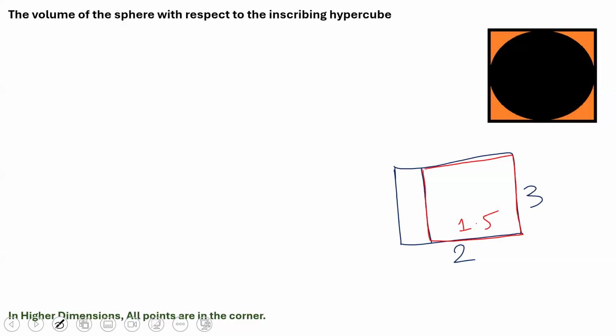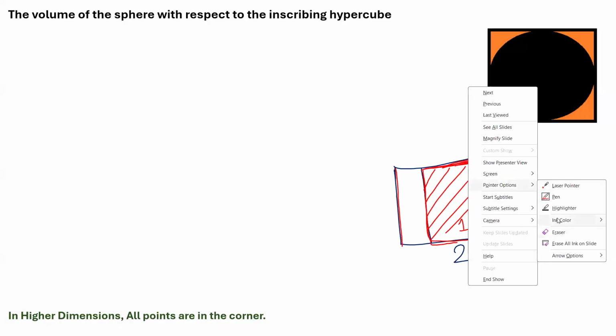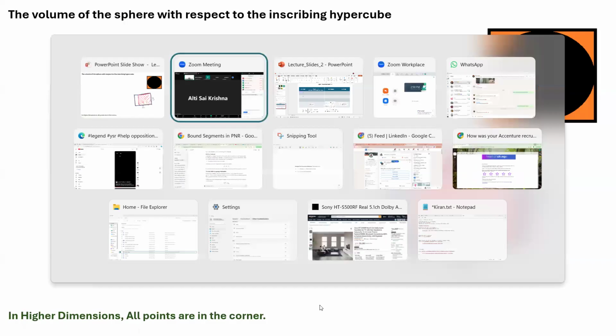Now you have to calculate how much space this rectangle has occupied in the main rectangle, the blue one. The question is clear, right? You have to find out what percentage of the area is occupied by the red rectangle inside the blue rectangle. Just post your answers in the chat, and also the way you calculated that. I'll be here in just a minute.